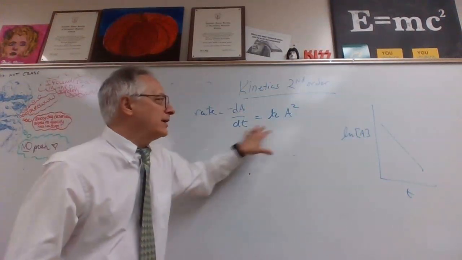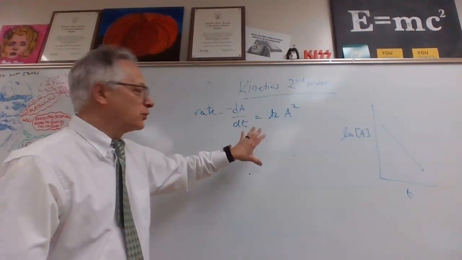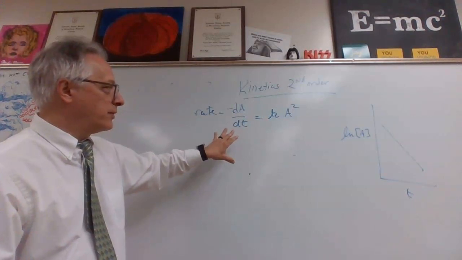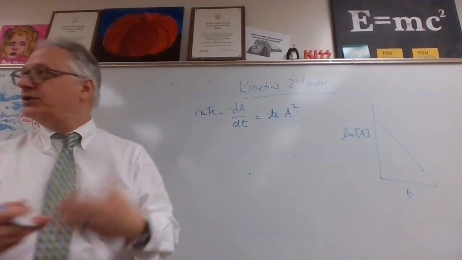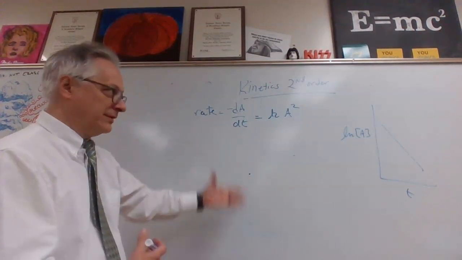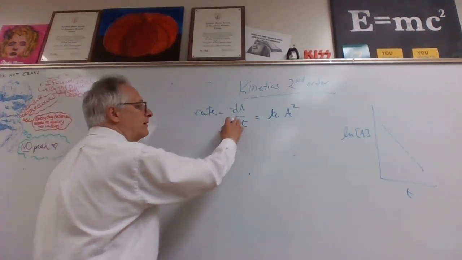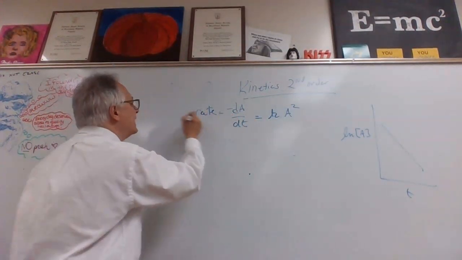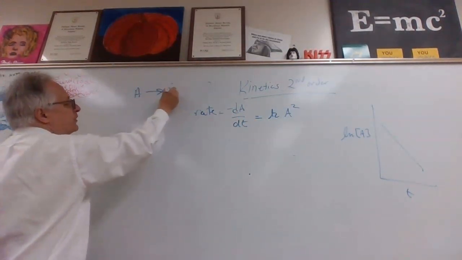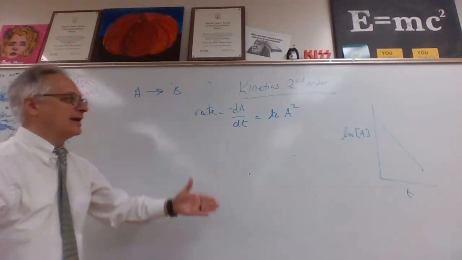So what we have here is another sort of differential equation, and I just want to go through it quickly with you to show you where the result comes from. And next year, once again, you will be learning about these types of equations. So this is a change in the concentration of A with time. Remember, it's negative because we have A turning into something else, so we have to have that negative sign.